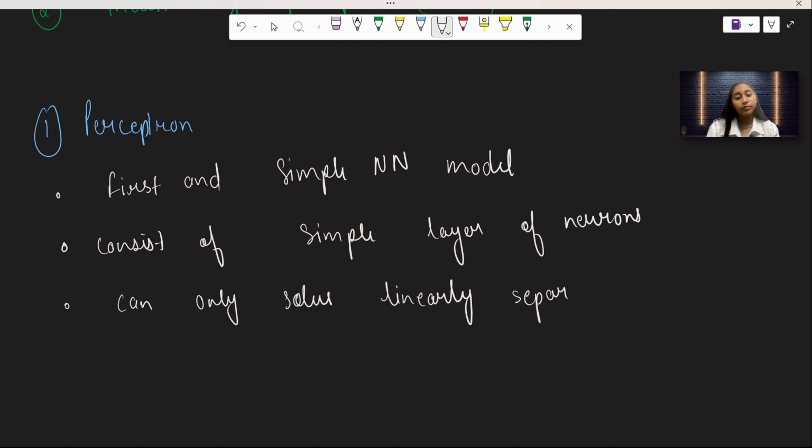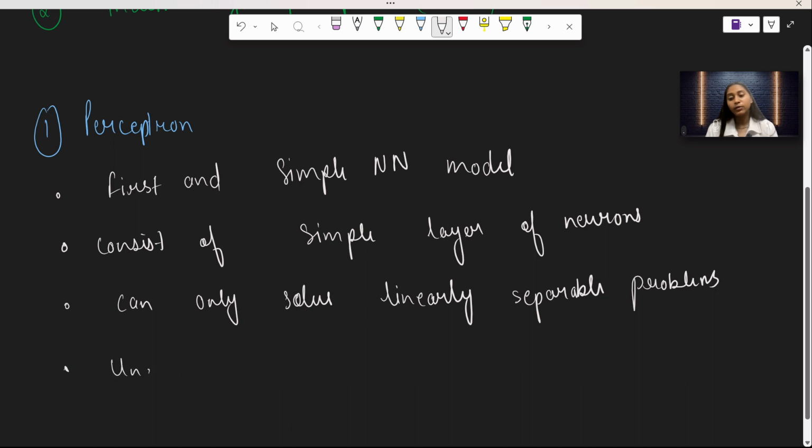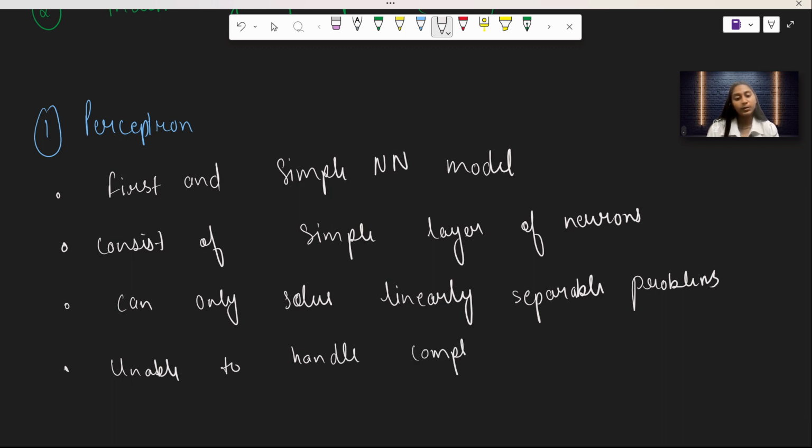So a very simple problem, such as a linear equation, or any problem that is linearly separable, can be solved by using this first approach, the first neural network. Coming to the fourth point, it is unable to handle complex relationships.